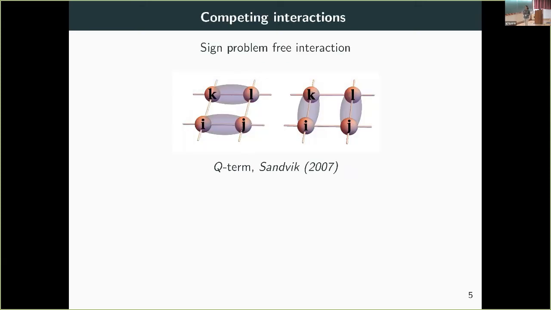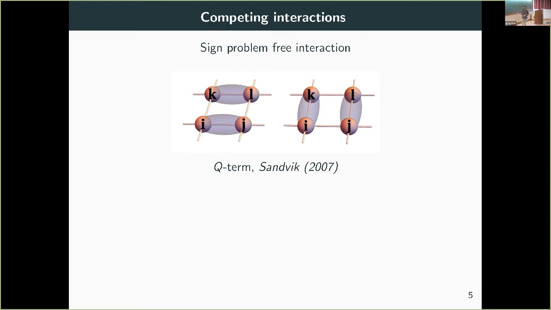The other way is to introduce some competing interaction that destabilizes Néel order. This is one simple sign problem free model that is widely used. Here, this is a multiplication of the singlet projection operator on two parallel bonds on a plaquette in both directions.